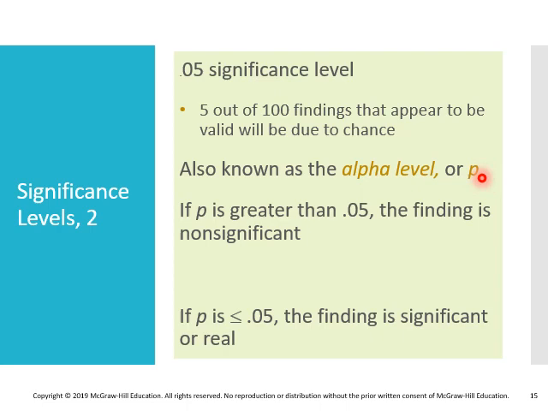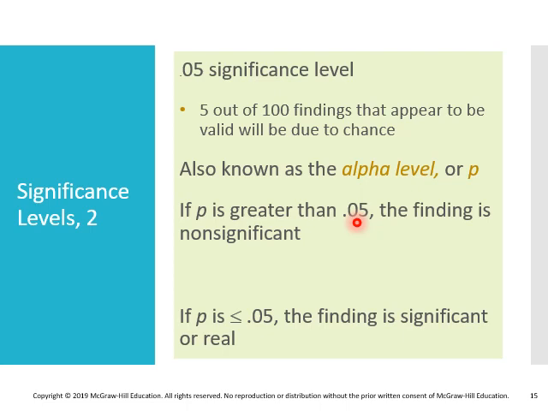Okay, if the finding yields a p level that's greater than 0.05, we will say that the finding is non-significant. It is statistically non-significant because if the p-value is more than 0.05, that means more than 5 out of 100 findings that appear to be true or valid were actually due to pure chance. So that's a pretty high rate.